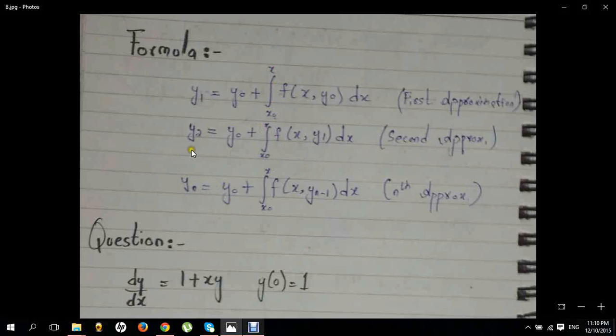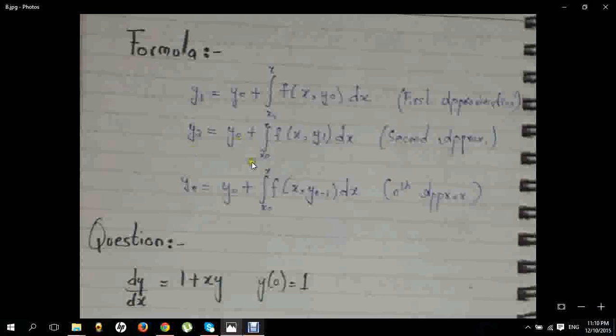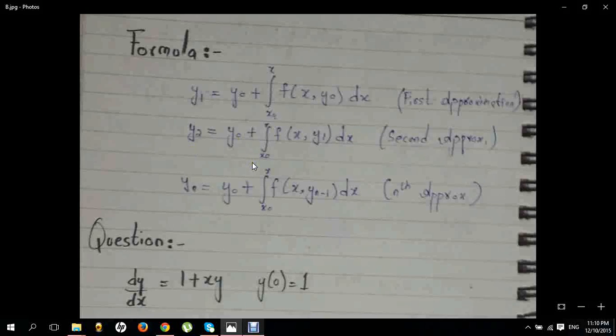So we're going to do integral approximations depending upon the position. Our last approximation will be yn equals y0 plus the integral of function of x and yn minus 1 dx. The limits are still the same, x and x0.